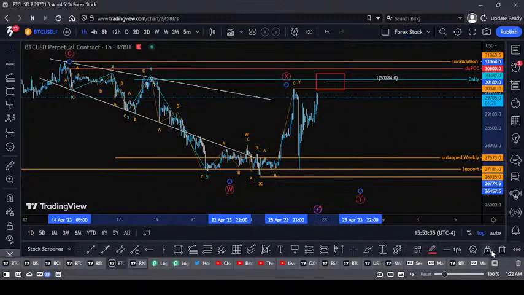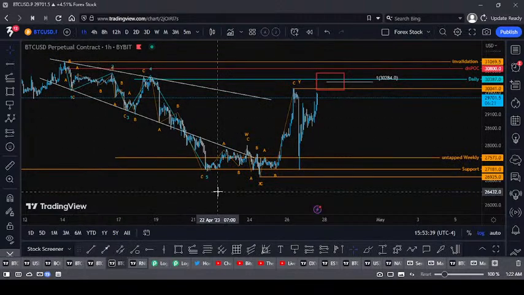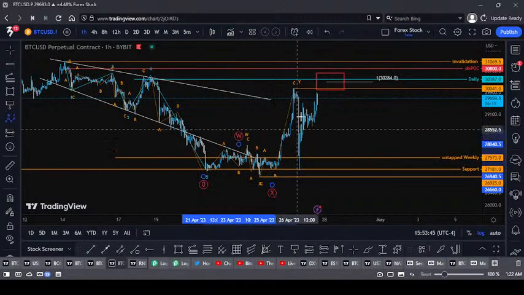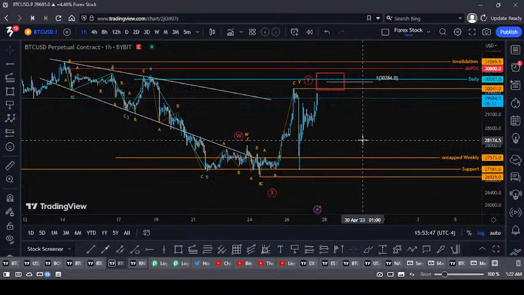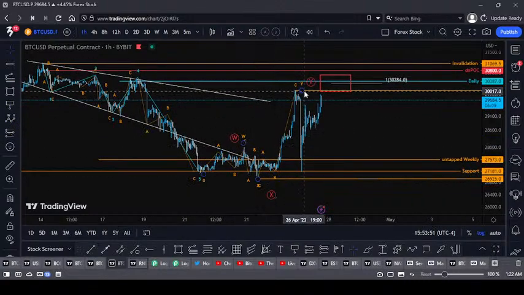If you're counting it as A, B, and C, this is what I am also doing in terms of W, X, and Y right now. See, that is our W, X, and Y.